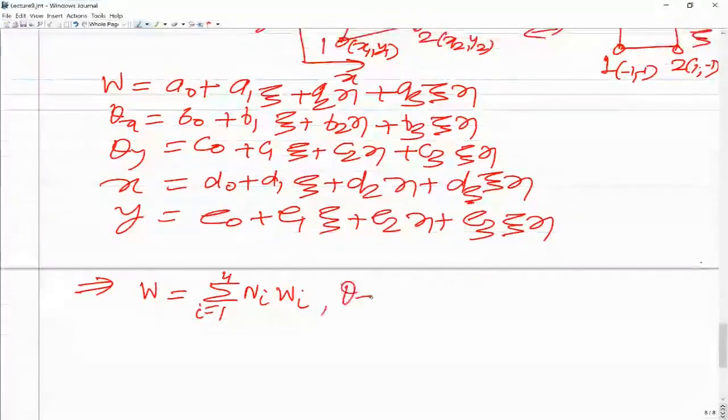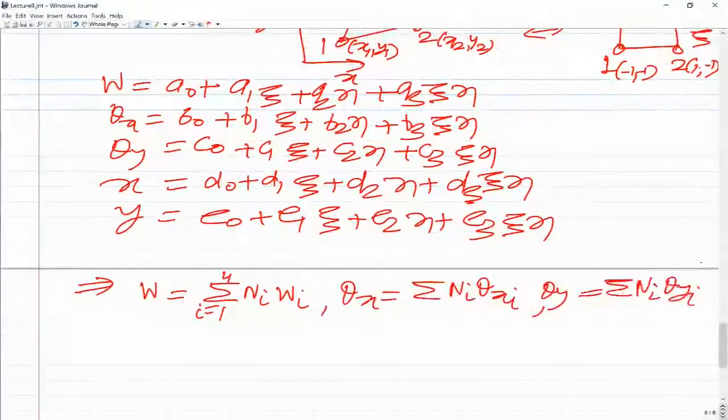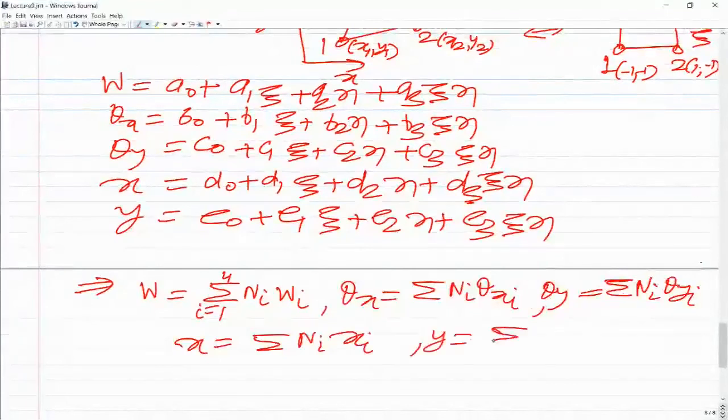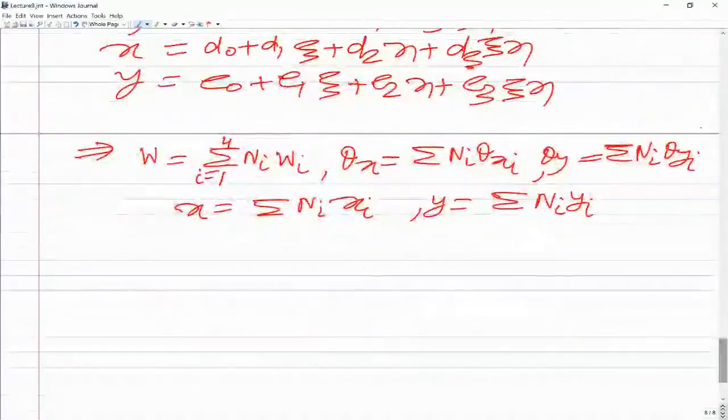Similarly, now you can write theta x as summation Ni theta xi, theta y as summation Ni theta yi, and x can be written as summation Ni xi, and y can be written as summation Ni yi. So the summation is from i going from 1 to 4. And we have also already discussed how to write the shape functions. So the shape functions you already know, we have written already.